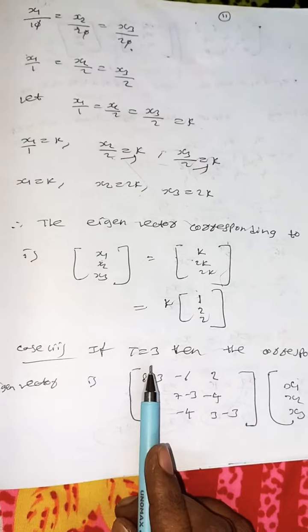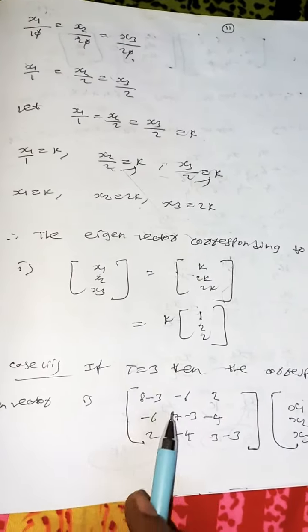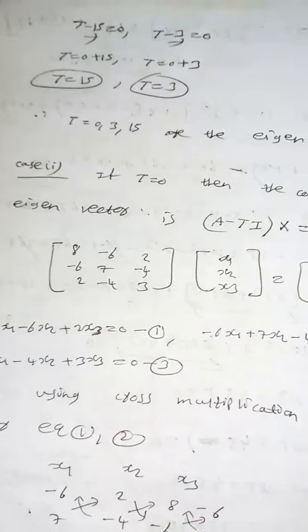Next, case 2: lambda equals 3, then the corresponding eigenvector is this one. In the diagonals you have to substitute 3. In case 1, 0 was directly there.